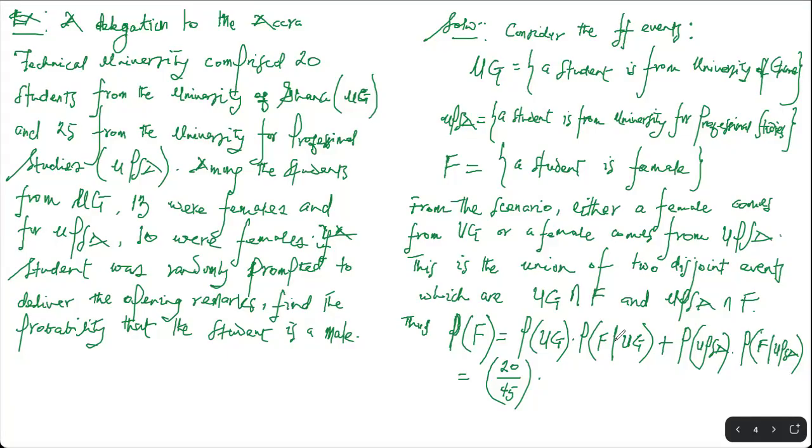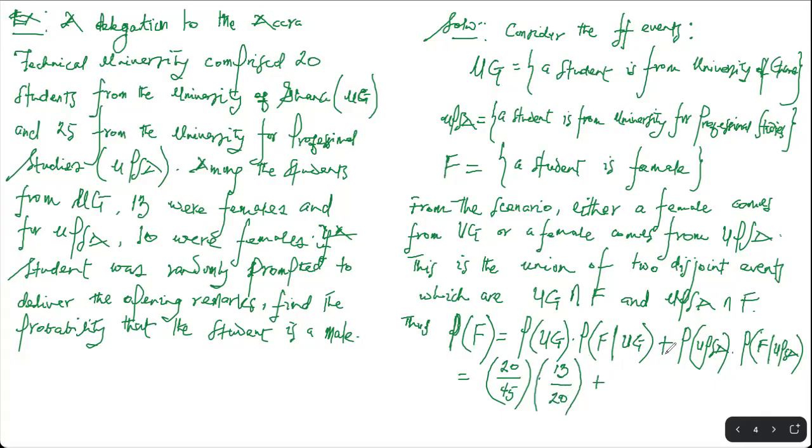This is very UG specific, of the delegation that's coming to Accra Technical University, right? So this is 20 on 45, and this conditional probability will be 13 females on how many students are there from UG in general? There are 20. Okay, so that's on one hand.